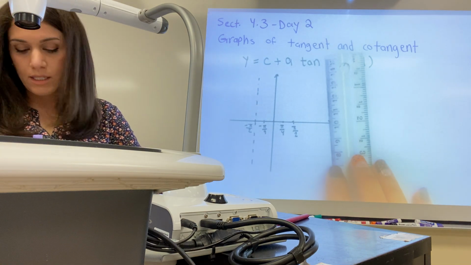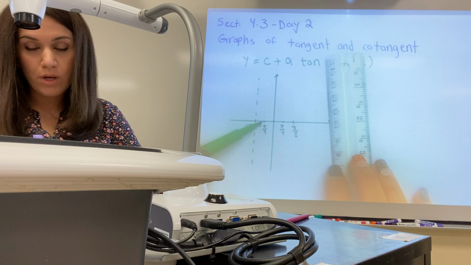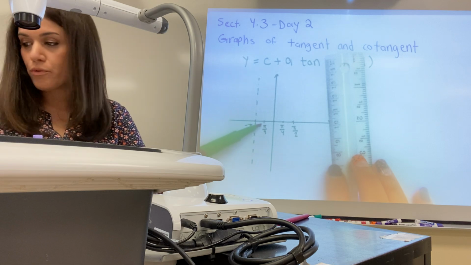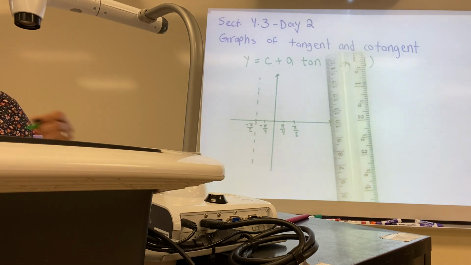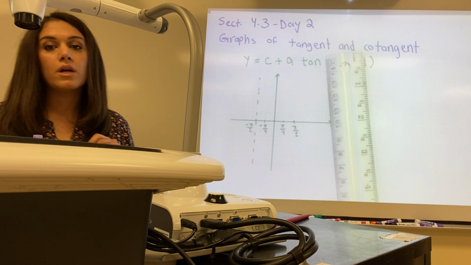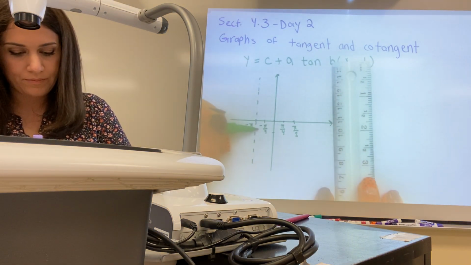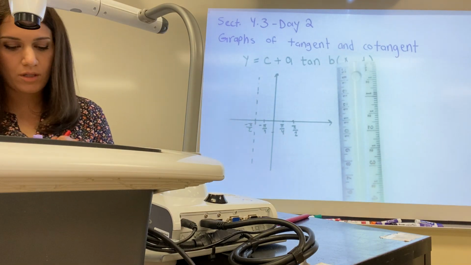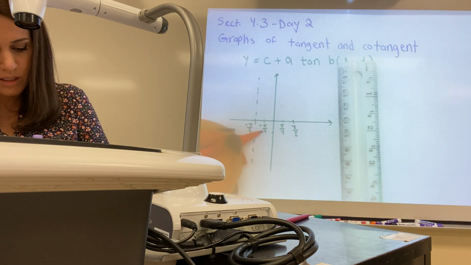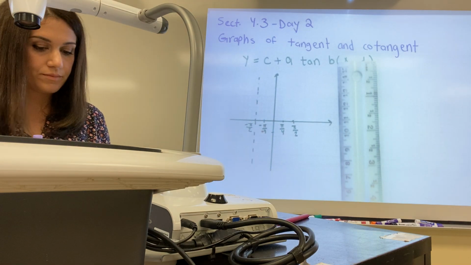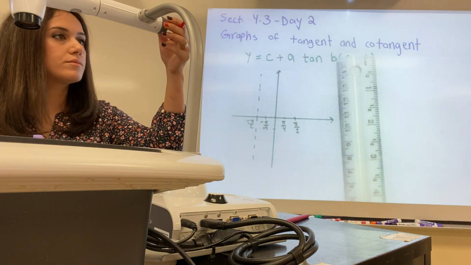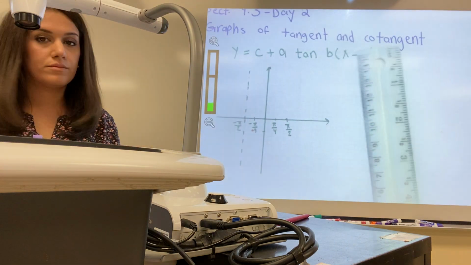Okay, next let's look at when the x is negative pi over 4, and looking at the unit circle again, you will see that is negative root 2 over 2 divided by root 2 over 2, and that will give me negative 1. Here it is. The point is right here. Okay?